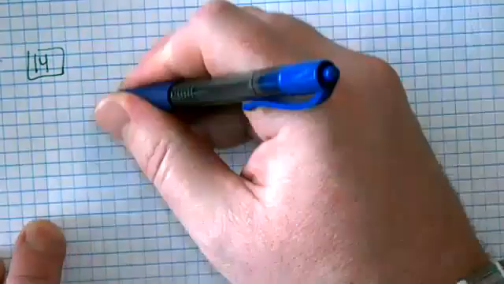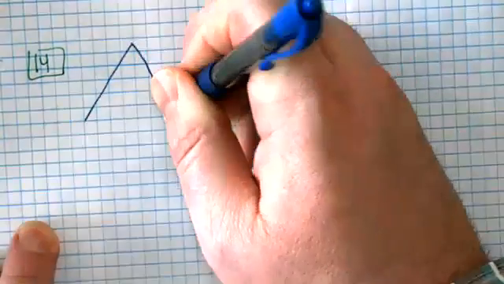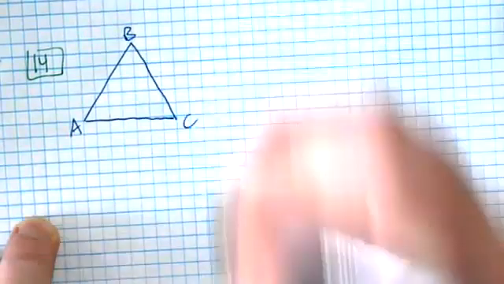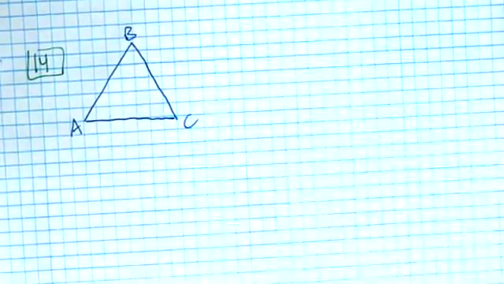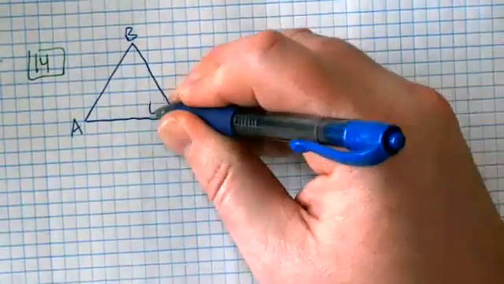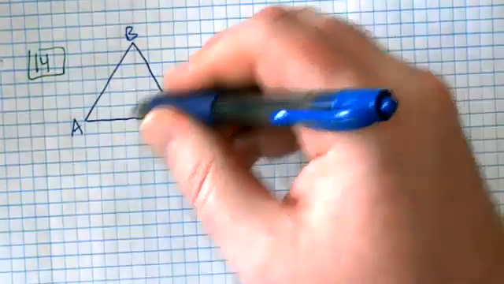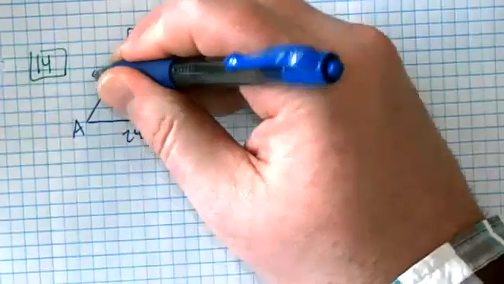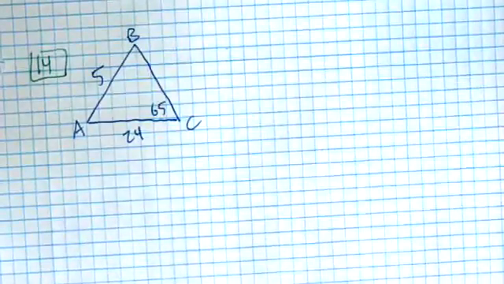Oh, yeah, this is going to make you so happy. A, B, C. We got 65. B is 24. C is 5. We're solving. Ooh, this is weird.